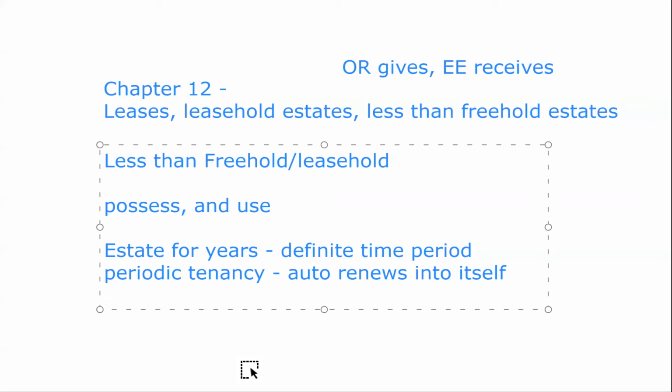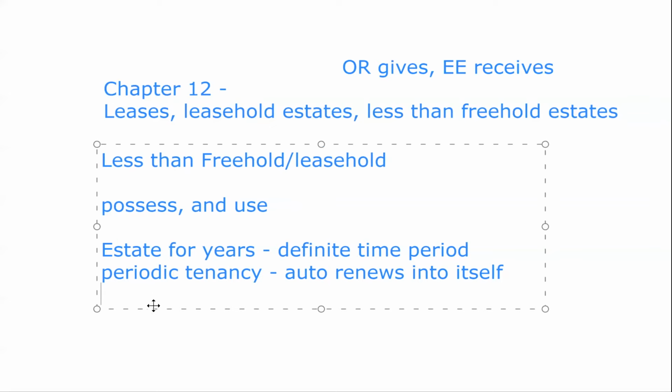The tenant has the right to possess and use it. So if there's any other questions, let me know as we're moving along. It's because we have two other less than freehold estates. And then we're going to talk a little bit about what needs to be in writing and where there's some confusion with some of these. So let's get through our next two.